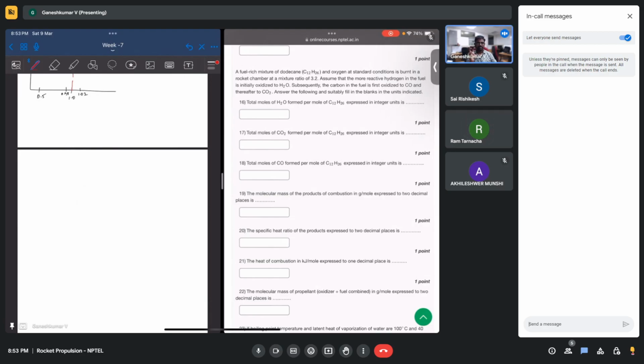So we have 12 CO and 9 oxygen remaining, and in that 12 CO we can oxidize 9 CO to CO2. That's a stepwise process, so I should not use all 12 C for CO2 first. Right, CO first. Correct, I will try.